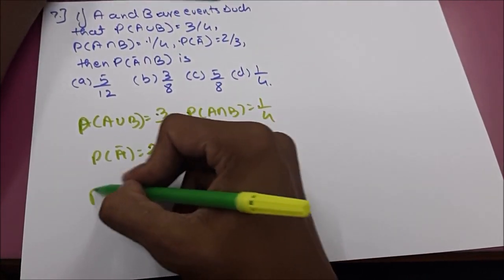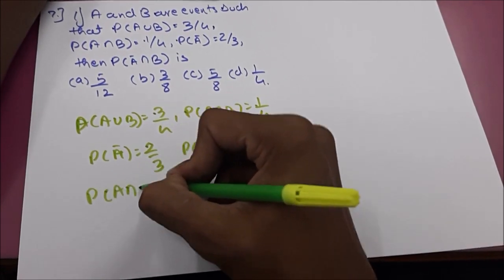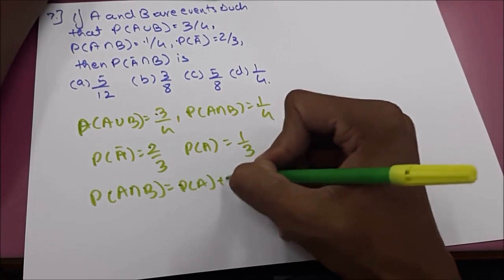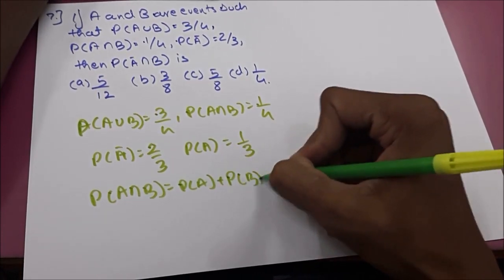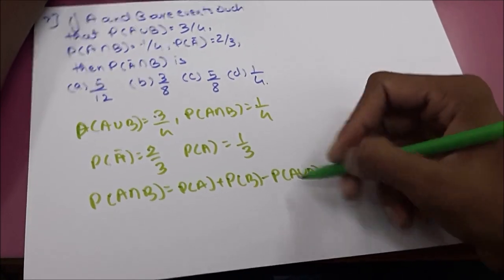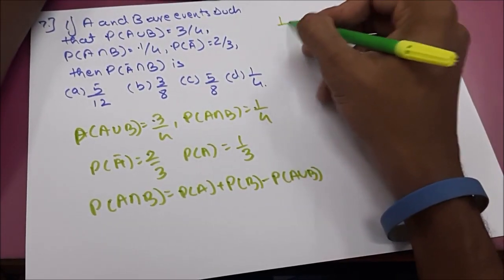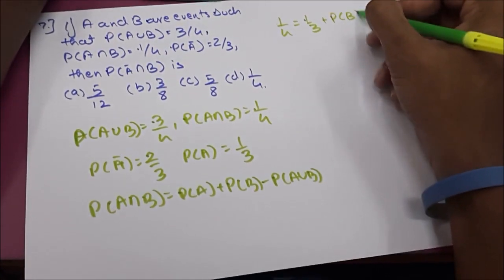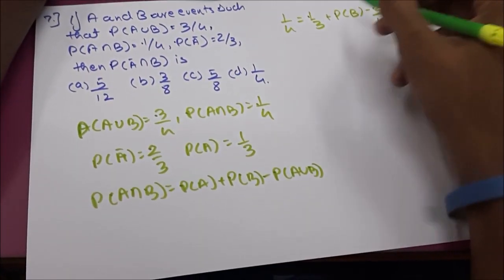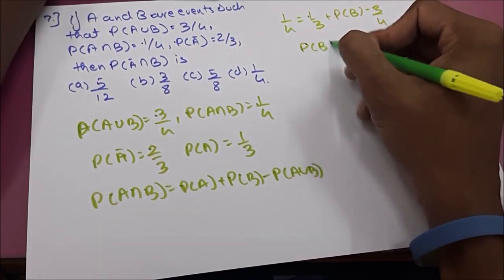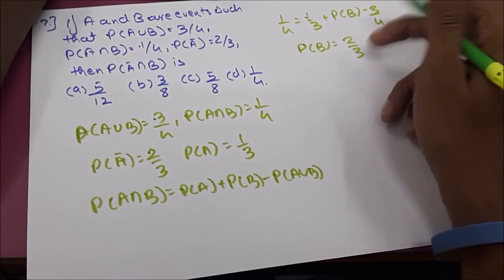We have the formula, that is P of A union B equal to P of A plus P of B minus P of A intersection B. We substitute the values, that is 3 by 4 equals 1 by 3 plus P of B minus 1 by 4. We solve this, we get P of B is equal to 2 by 3.